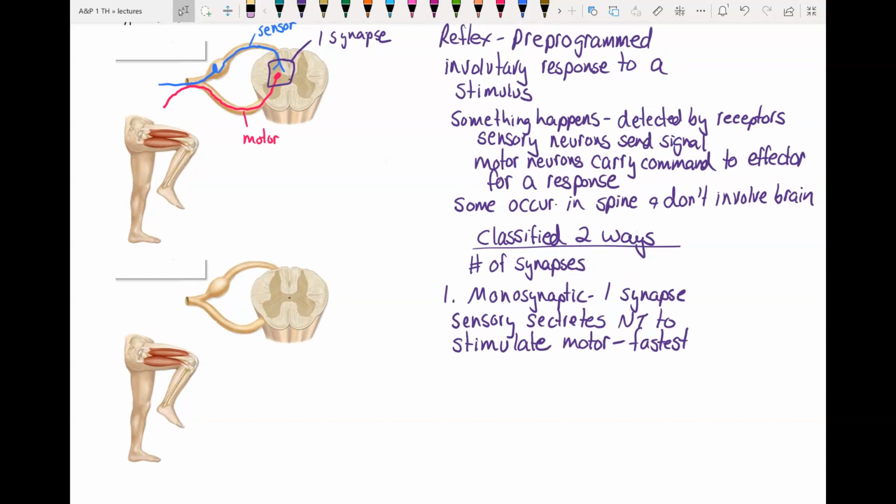Another type is the polysynaptic. So we have our sensory comes in, cell body in the posterior root ganglion. We come here. Then we have an interneuron. And then the motor neuron.